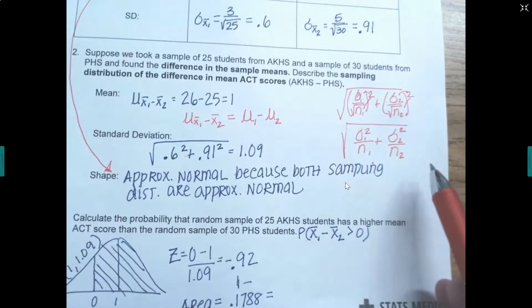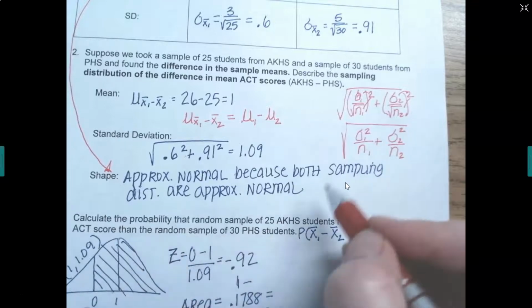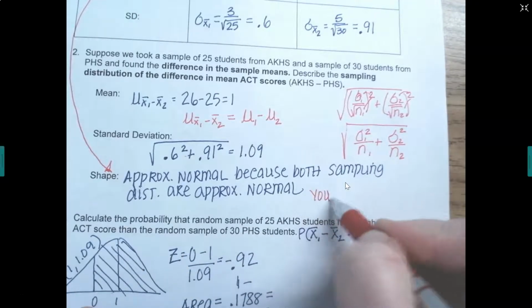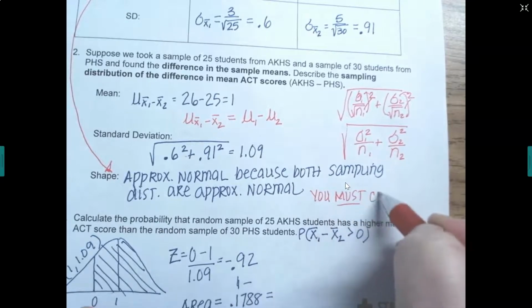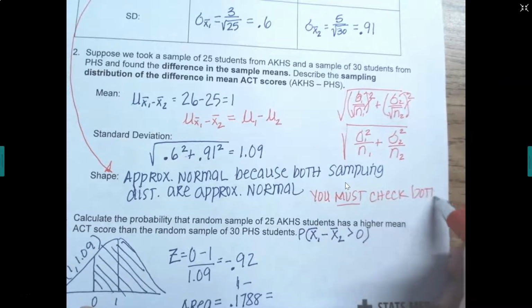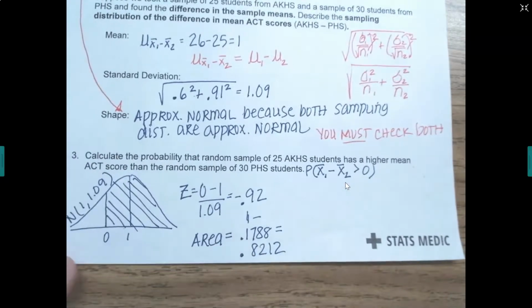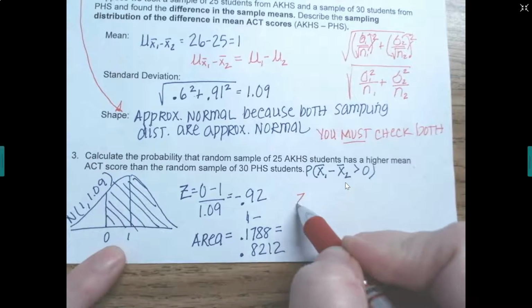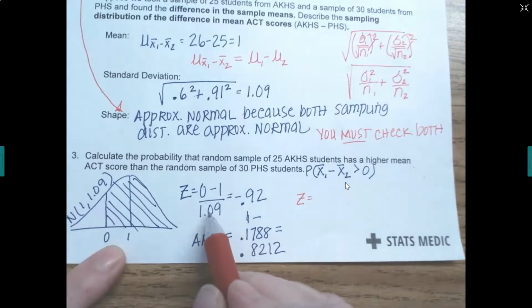All right. So another thing I want to make sure when you're doing this, you must check both. Okay, and then the last thing, I keep showing you about the normal calculations where each of the numbers came from. It always looks the same here when we're plugging everything in.